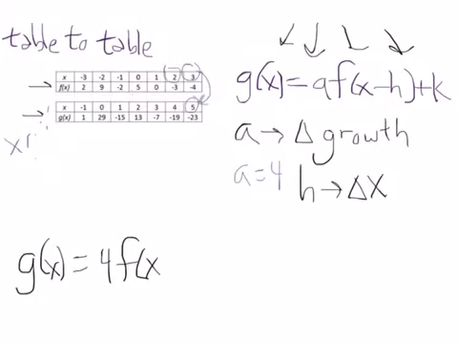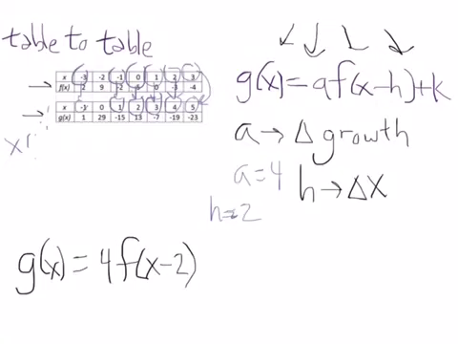And what I notice as I go from one x to the next x, it seems to always be +2. Yeah, it sure is. So that means that my h value is 2. H is 2. So that helps me out here, x minus 2.